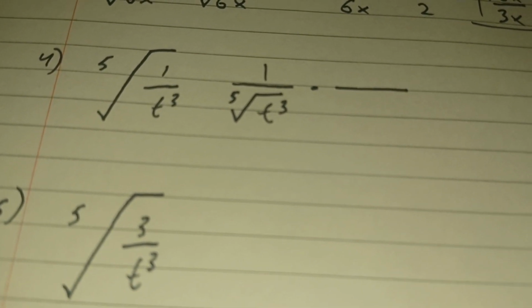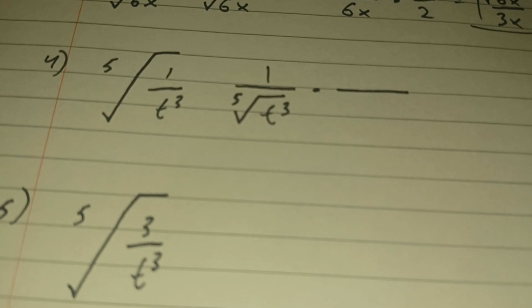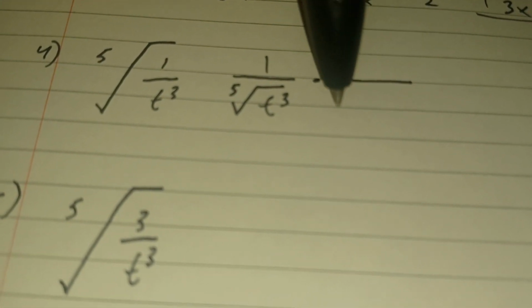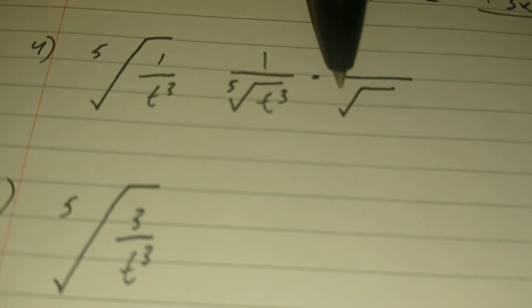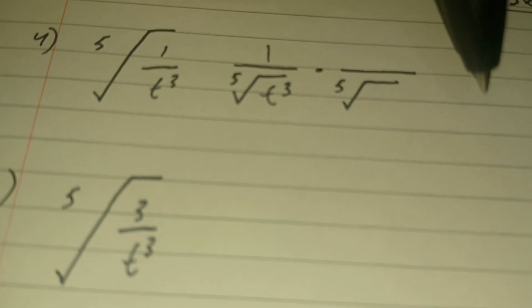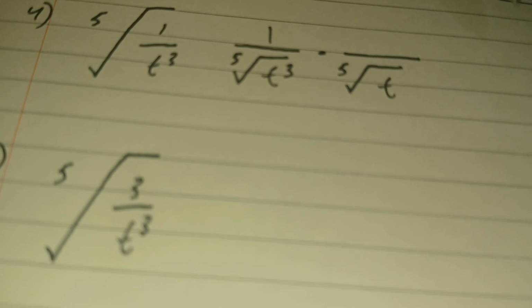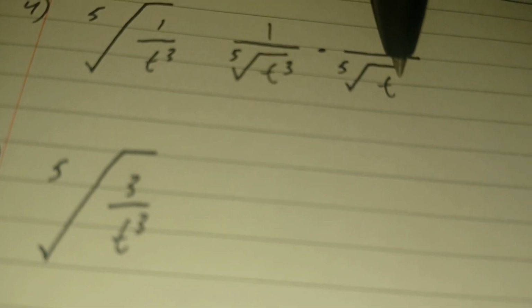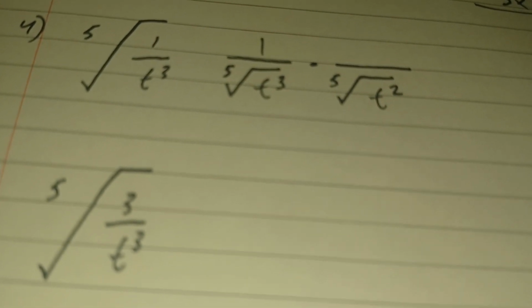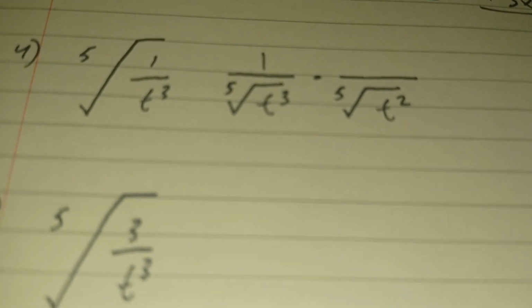Remember, when we multiply exponents, we add them. So we can multiply this by the fifth root of t to the second power, right? Because 3 plus 2 is 5.